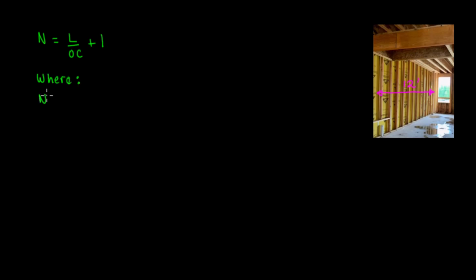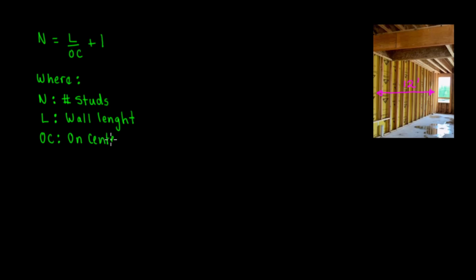So what is N? N is going to be the number of studs. L is going to be the wall length. And then OC is the on-center distance, right?